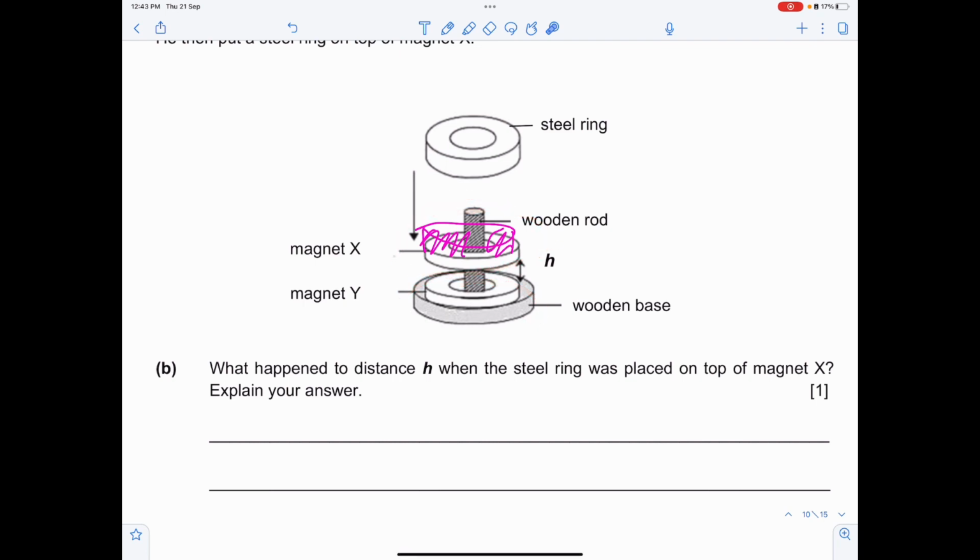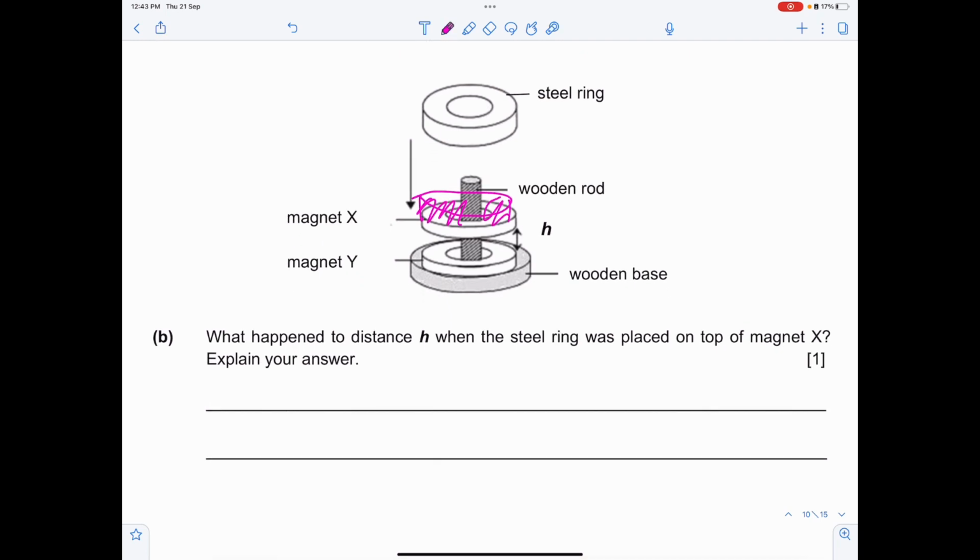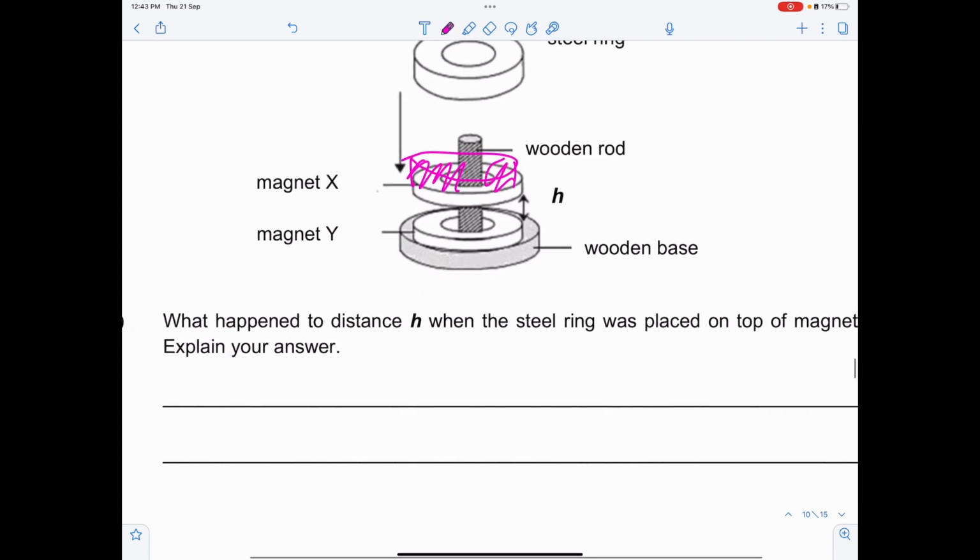Okay, how does it affect? Now magnet Y together with the steel ring is considered as one item, and so their mass has an increased gravity acting on it. So you will need to say that H decreased.